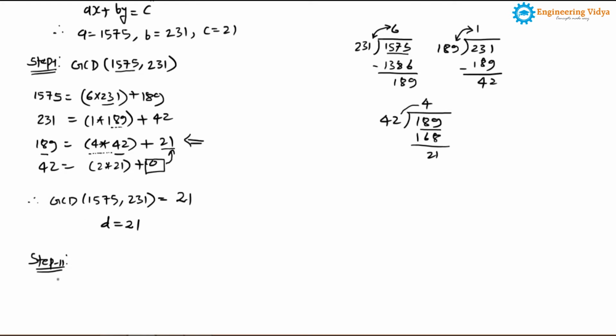If I find the value of 21 from this equation, 21 will be equal to 189 minus 4 into 42. I hope this step is clear to you now. 189 minus 4 into 42. I hope this step is clear to you.